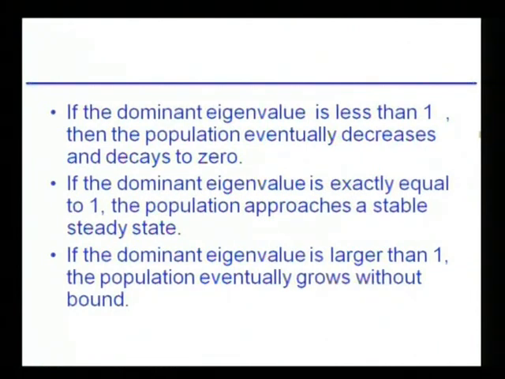Therefore, lambda is a root of p of lambda if and only if q of lambda equals 1. Now look at q of lambda. All the coefficients here are positive. So as lambda increases, q of lambda decreases and it is a monotonic decreasing function.